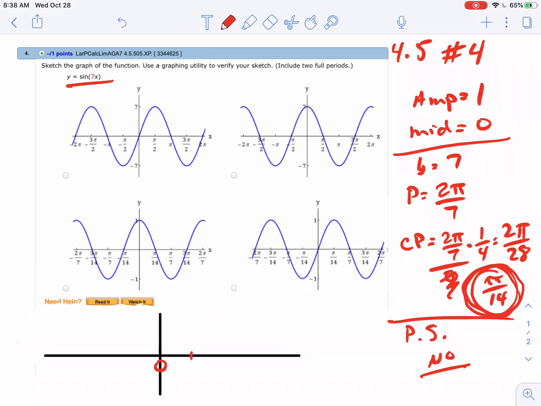So the first one would be pi over 14. The next one would be 2 pi over 14, which reduces to pi over 7. The next one would be 3 pi over 14. And then the next one would be 4 pi over 14, which reduces to 2 pi over 7.